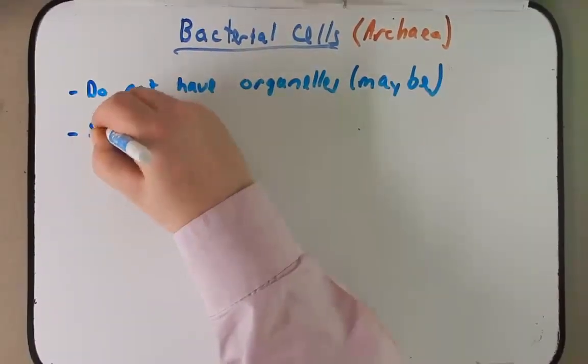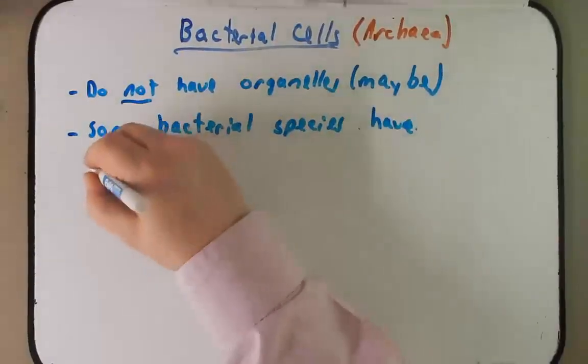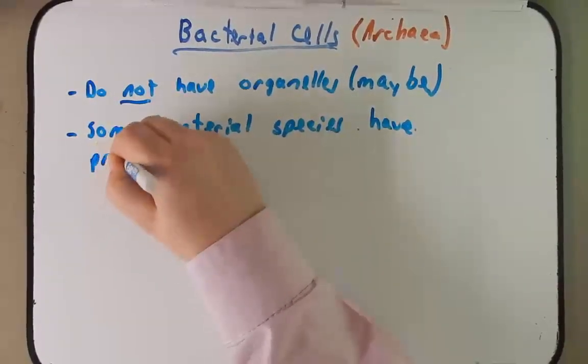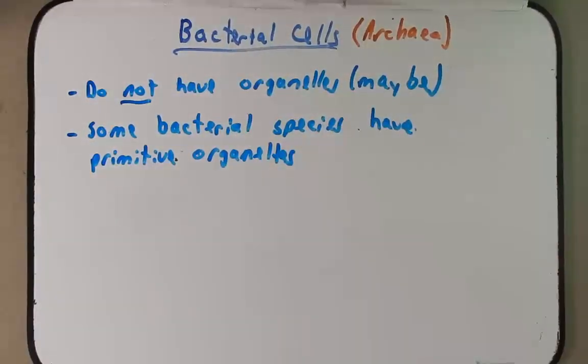Well, what I mean by that is some bacterial species have what we call primitive organelles. Now, they don't have the organelles that we're used to hearing about in a biology class, like mitochondria, the nucleus, Golgi, or lysosomes, or any of those organelles.